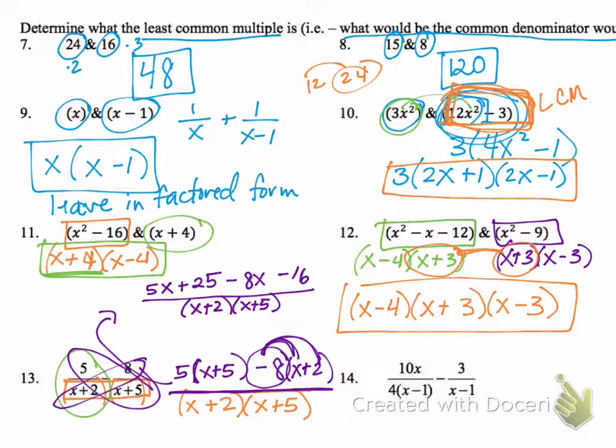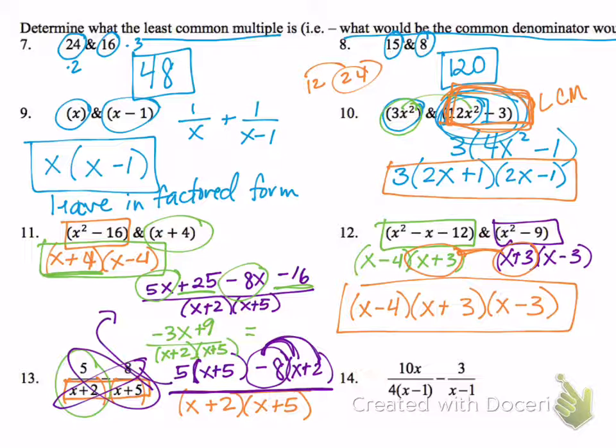Then I combine my like terms, so 5x minus 8x becomes negative 3x, and positive 25 minus 16 becomes plus 9, sorry, all over x plus 2, x plus 5.